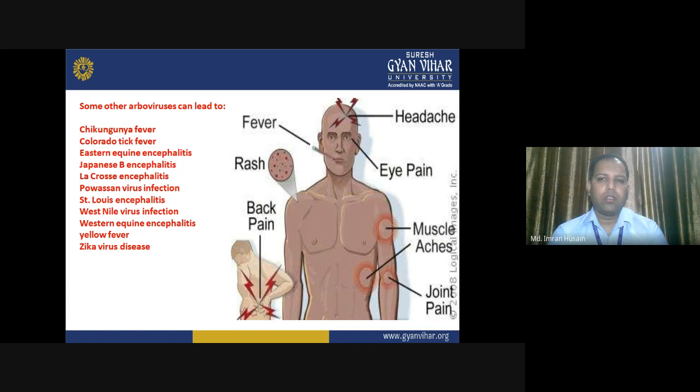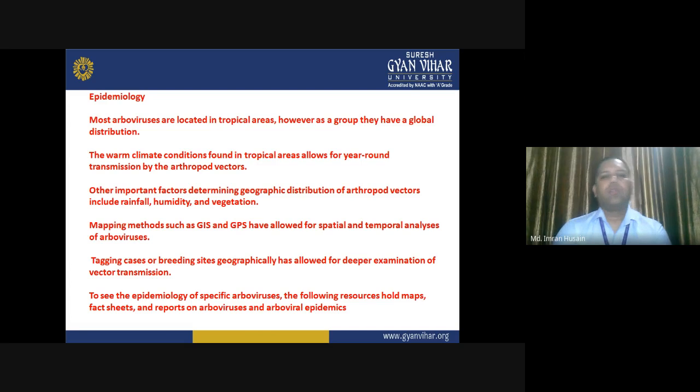They give headache, eye pain, fever, rashes, muscle aches, joint pain, back pain. So these are the major leading symptoms that one can easily face when suffering from arbovirus. So what is epidemiology? Most arboviruses are located in tropical areas, like India is a tropical country. However, as a group, they have a global distribution.